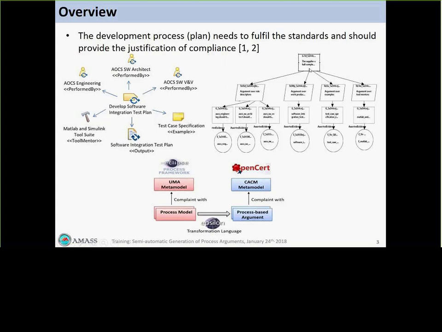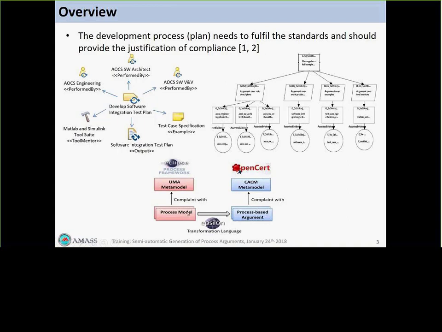For the process-based argument within the AMASS region, the development process plan needs to fulfill the standards and should provide the justifications of the compliance. The initial idea in this context was already presented in the MDSafeCer technique within the context of the SafeCer project. In particular, the idea behind the mapping of the process elements into the argumentation.